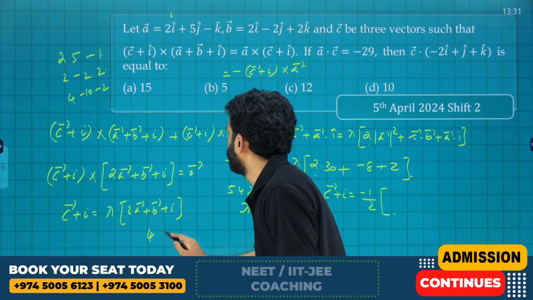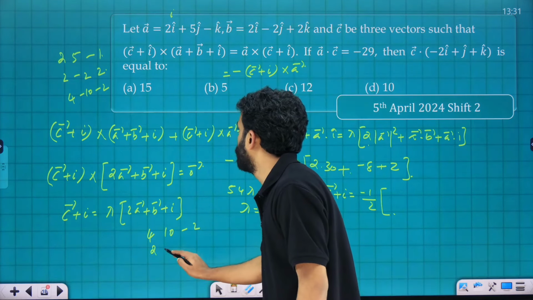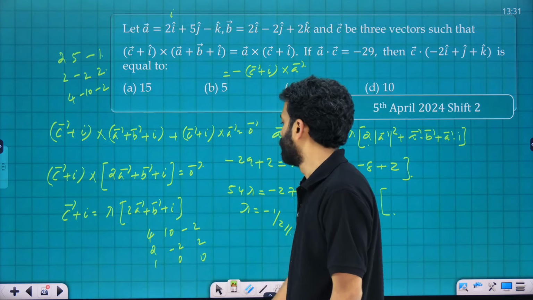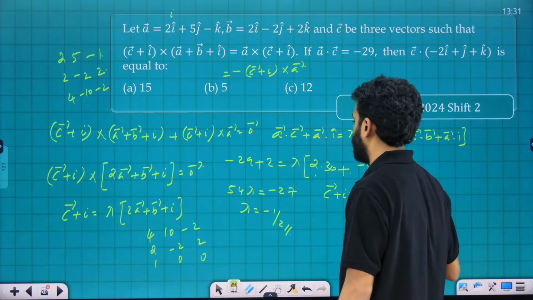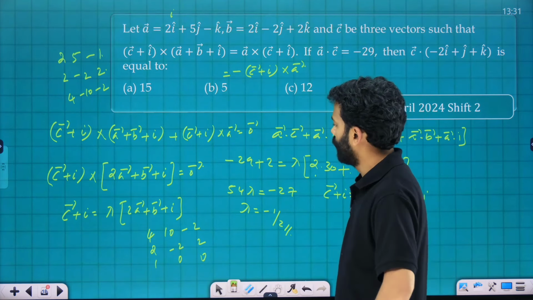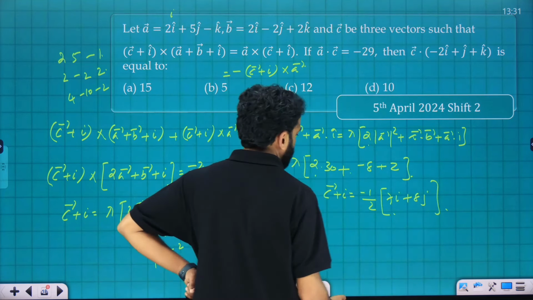That is 4, 10 and minus 2, right? And vector B, 2, minus 2, 2, and I only. Therefore here it will be 1, 0, 0. That is, it will be 4, 6, 7, that is 7I plus 8J. The 2 got cancelled, right?